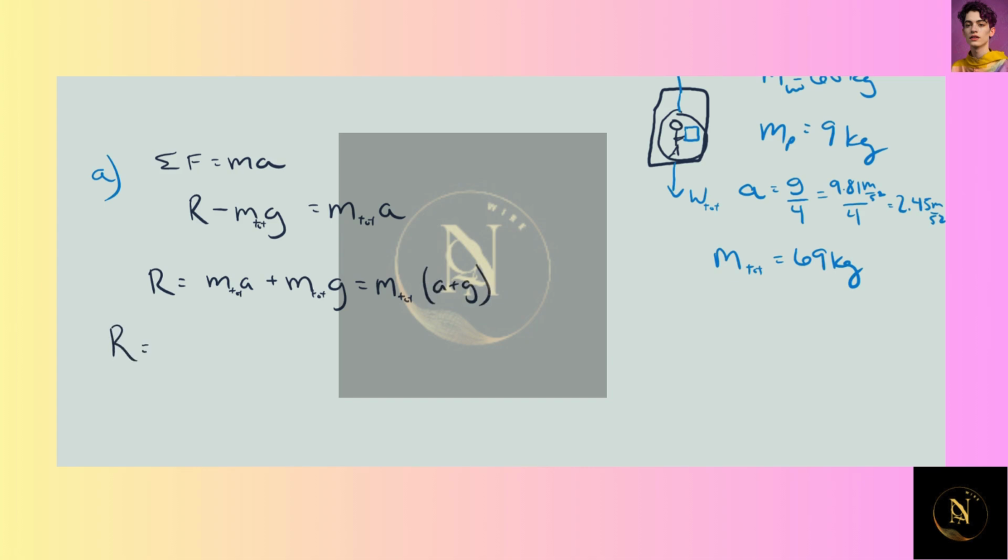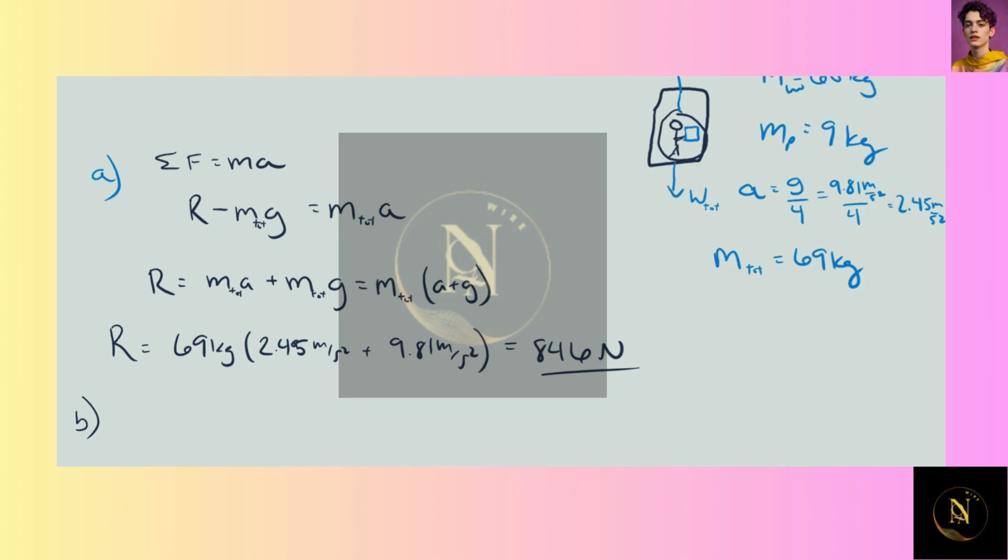Then plugging in the values, we get 69 kilograms times 2.45 meters per second squared plus g, 9.81 meters per second squared. We already took the negative sign into account when we said negative mg, since the force is pointing downward. Plugging this into a calculator, we end up with about 846 newtons. The force pulling the woman and the package upward is 846 newtons.